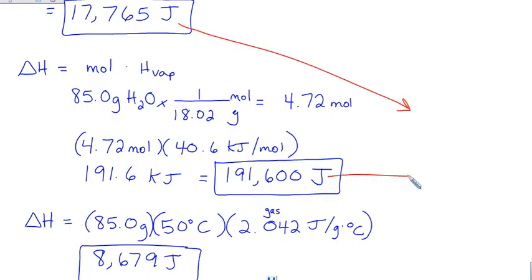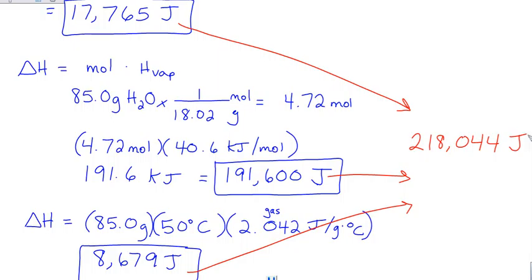So we'll just add them together. Oh, let's see. So we could say like 218,044 joules, or maybe with a more reasonable amount of significant figures, like, yeah, 218,000 would be good.